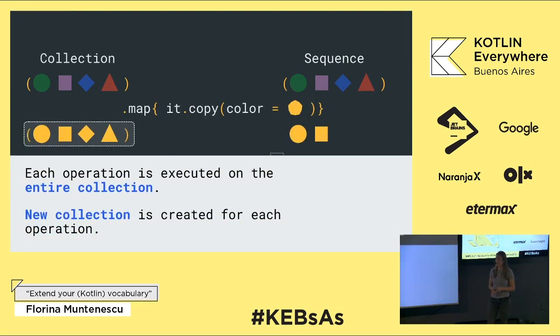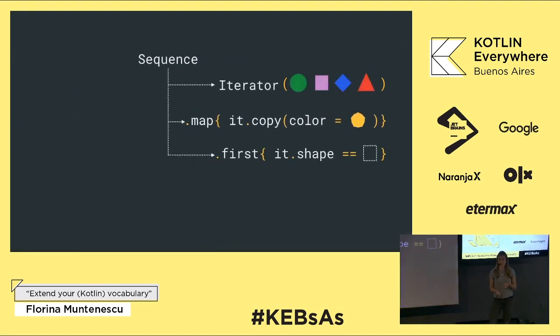Whereas with collections, each operation is executed on the entire collection, and then a new collection is created. So this means that if you have a big array with a lot of operators, like, I don't know, some map and flatMap and whatever, then a new collection is created every time for every operation. So what's the difference between collections and sequences?